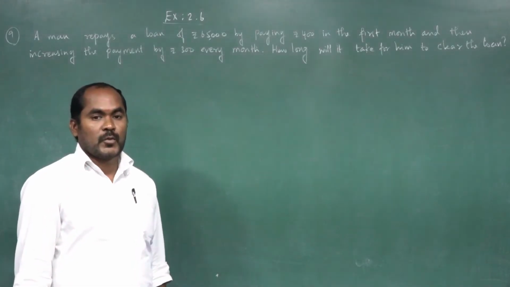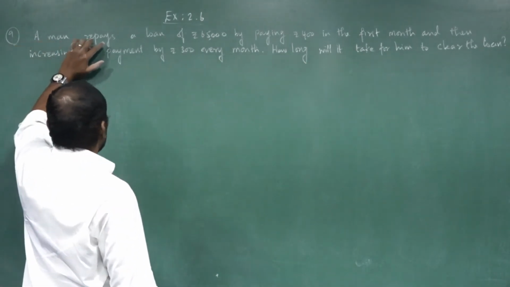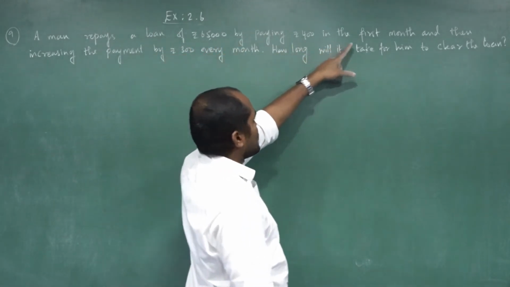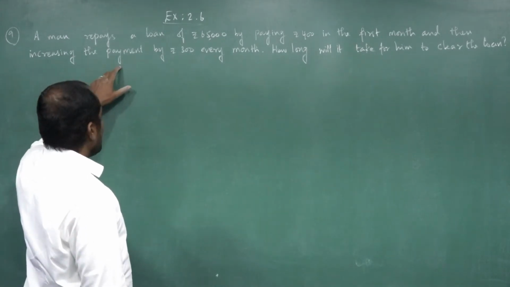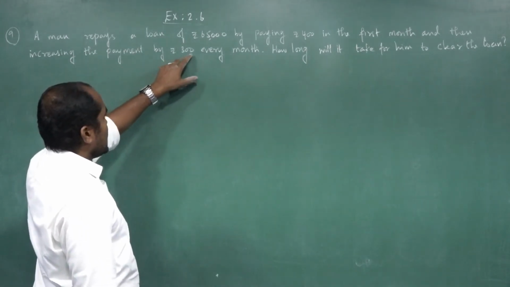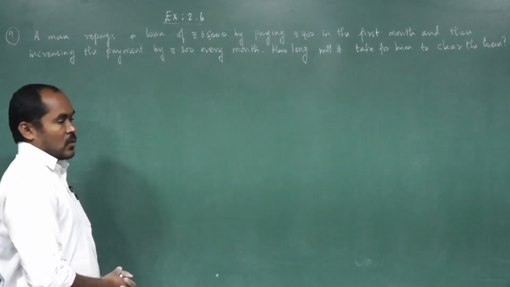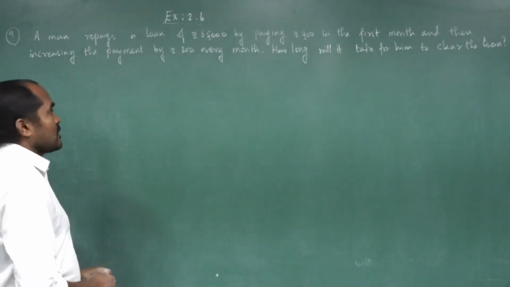Exercise 2.6, 9th sum. A man repays a loan of 65,000 by paying 400 in first month and then increasing the payment by 300 every month. How long will it take for him to clear the loan? So total loan amount is 65,000.